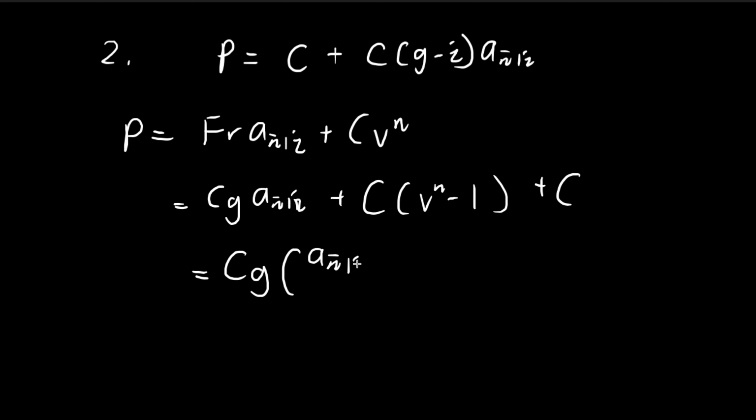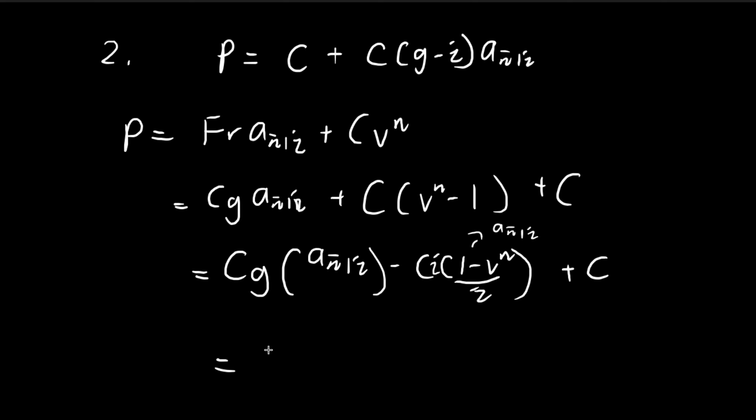This looks suspiciously like what you have in the annuity immediate. So all I have to do is take the minus sign out, so I get 1 minus v to the power of n, divide this by I, and then multiply by I on the outside. So this is actually a_angle n, so I can replace this term inside the brackets by a_angle n.